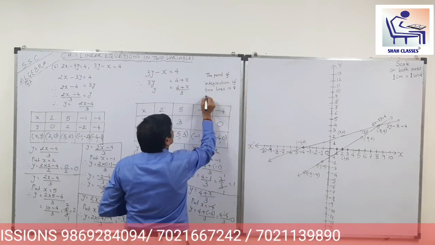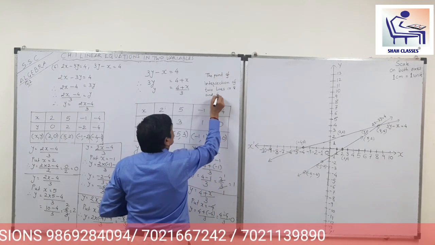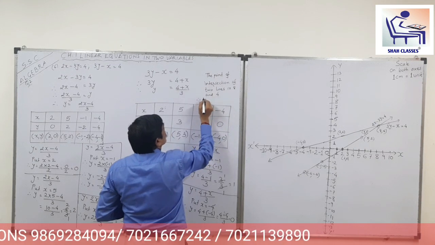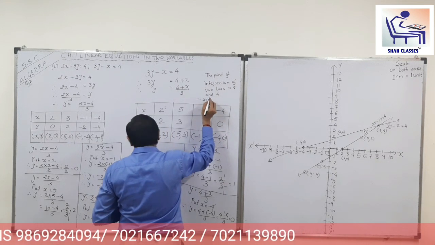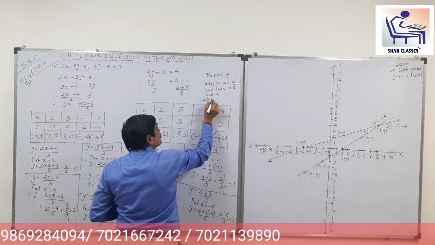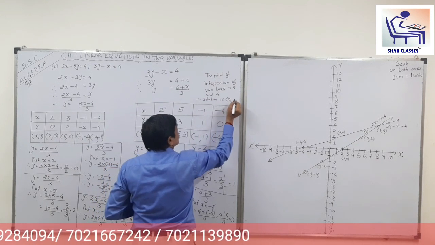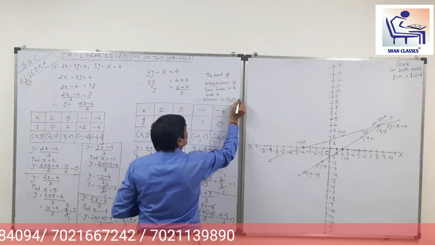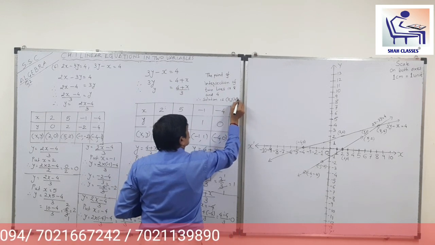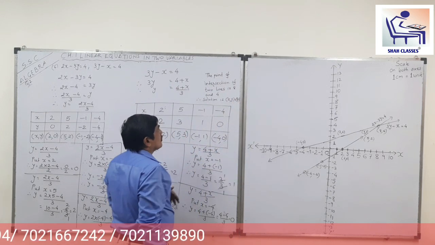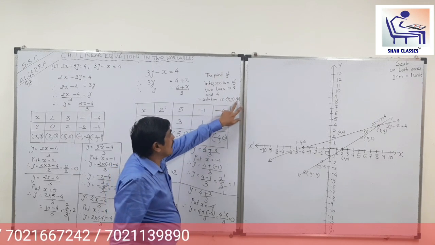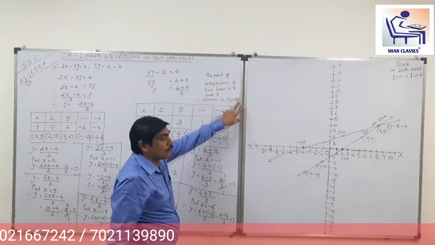It is 8 and 4. Therefore, the solution is: the value of x is 8 and the value of y is 4.